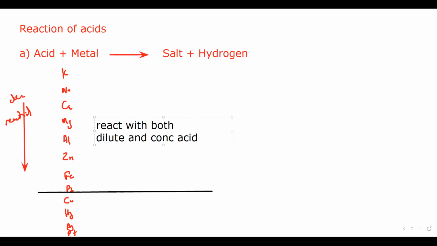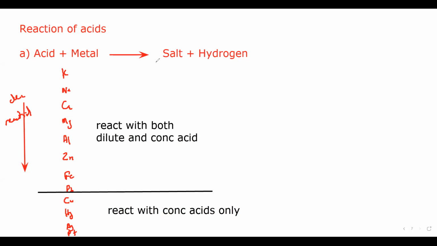Any kind will react. But the metals below lead can react with concentrated acids only. They do not react with dilute acid, they always react with concentrated acid.